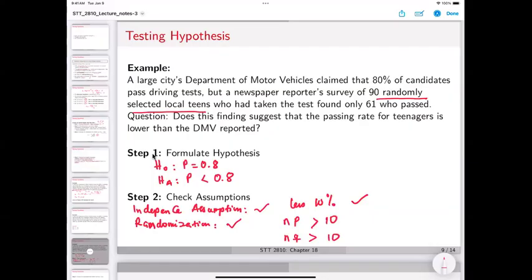So here we have 80%. We can see our p is 0.8. So 90 times 0.8, what does that give you? I think it's 72 or something. 90 times 0.8 gives us 72, isn't it?